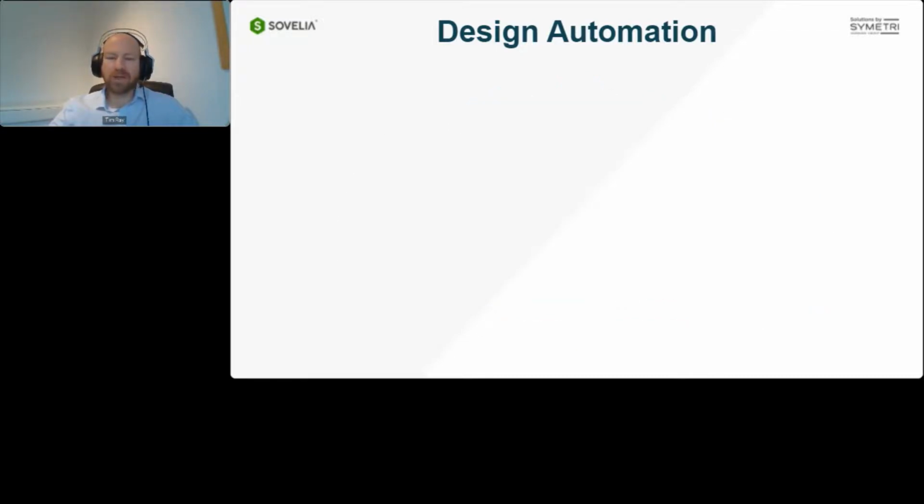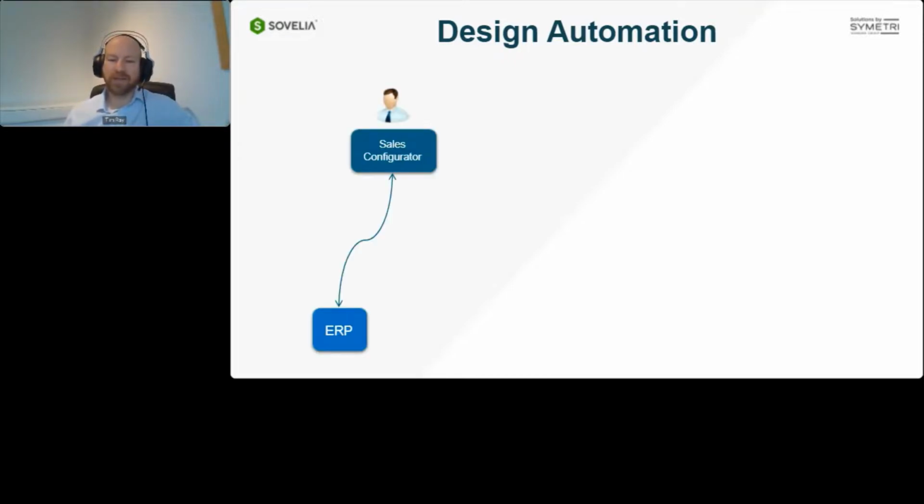So if we look at the design automation side of things, and that output side, we can start to build up a picture. We have our configurator. In this case, we've got a link to our ERP system. But what we can also do is install onto local design workstations our design automator software, which is a connection to the configurator.